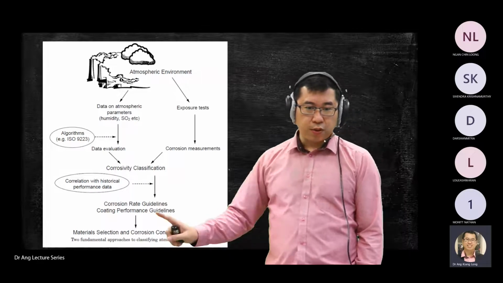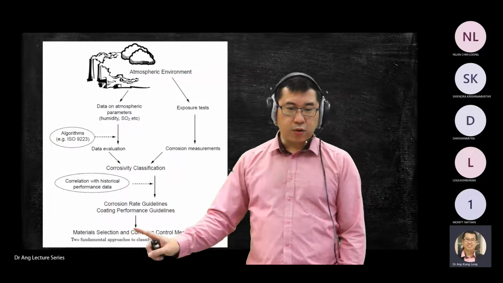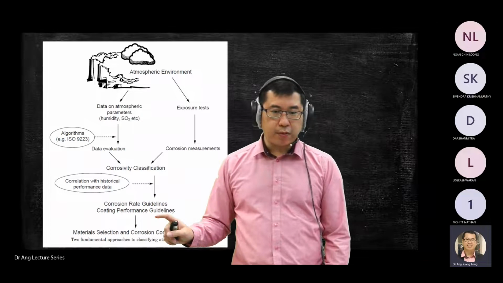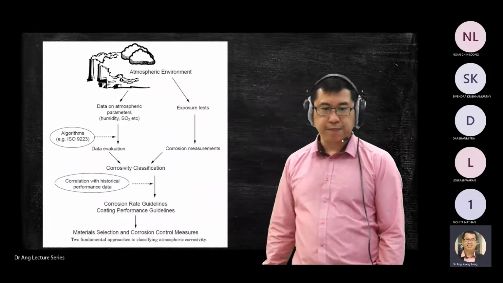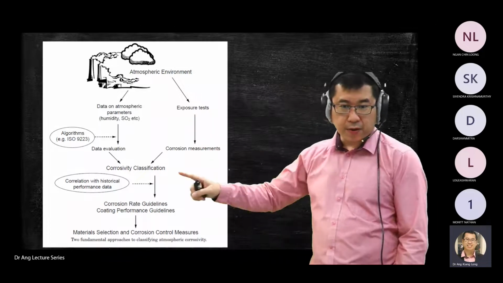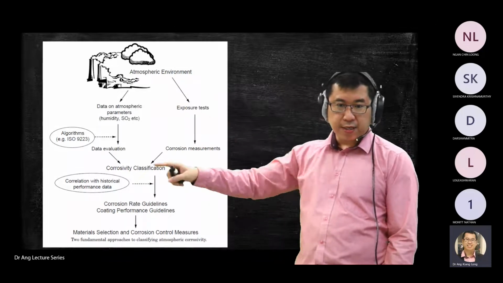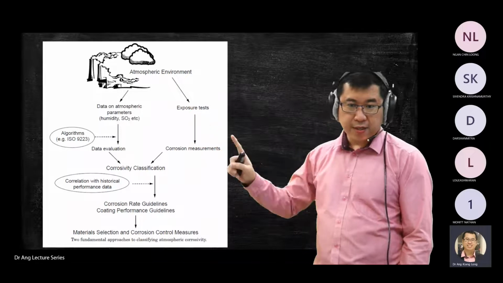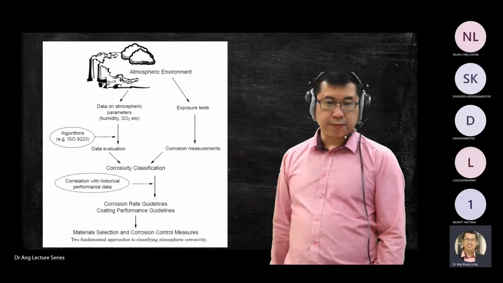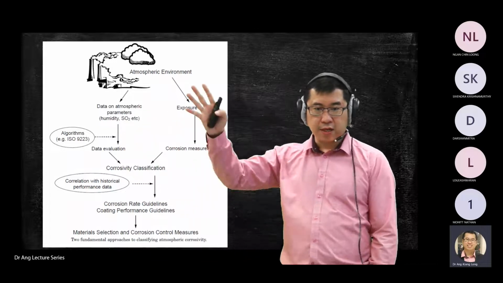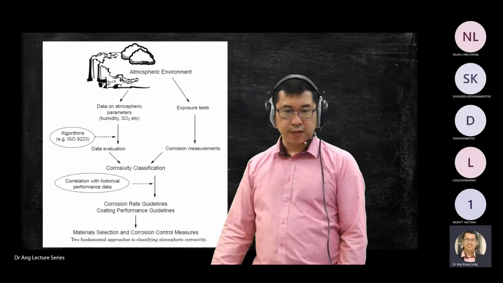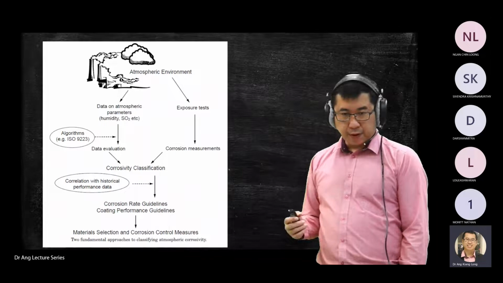Besides the coating, what you can do is look into the metals or materials that you use. Okay, so another side will be another test, the exposure test and measurements, right? One is more on the evaluation of your data, one is more on the collection of your data. Okay, all right.